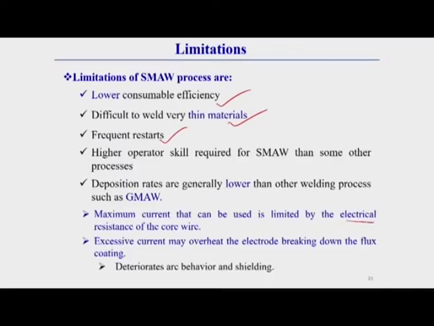That is why there is a limit of current flow through the core wire, so we cannot increase current as we want. Okay. That is why the maximum current that can be used is limited by the electrical resistance of the core wire. You can keep this in mind, because excessive current may overheat the electrode, breaking down the flux coating. Due to this overheating of the core wire, there can be electrode breakdown.